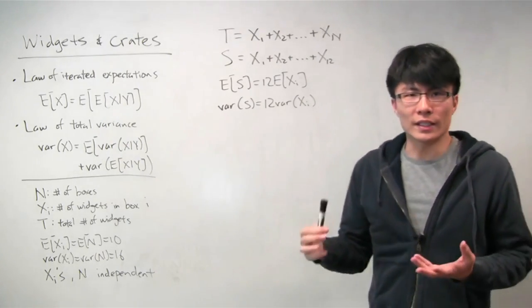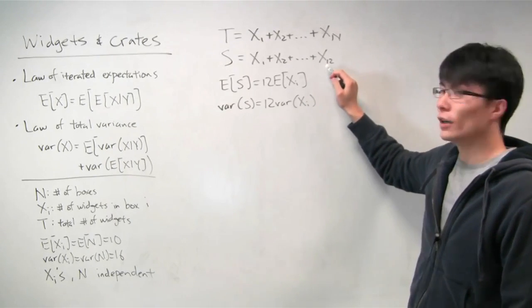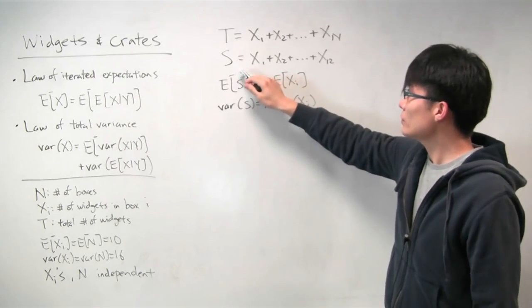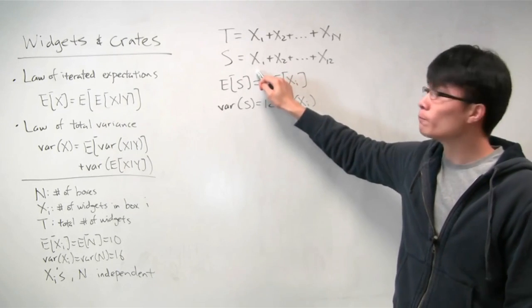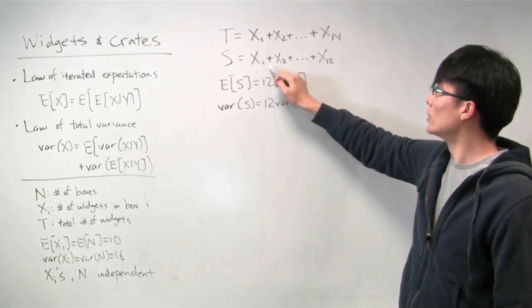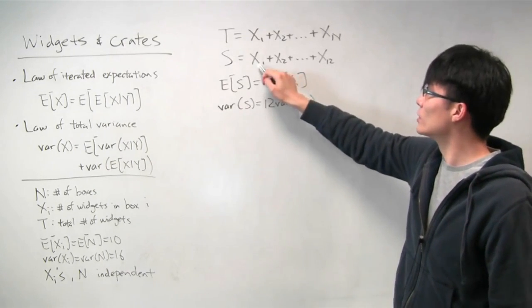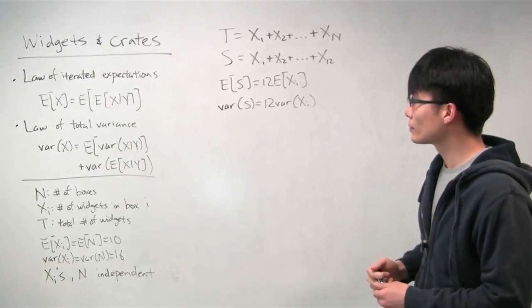Well, let's take a slightly simpler problem, and let's pretend that we actually know there are exactly 12 boxes. In that case, the only thing that's random now is how many widgets there are in each box. So let's call a new random variable S, the sum of X1 through X12. This is the number of widgets in 12 boxes.